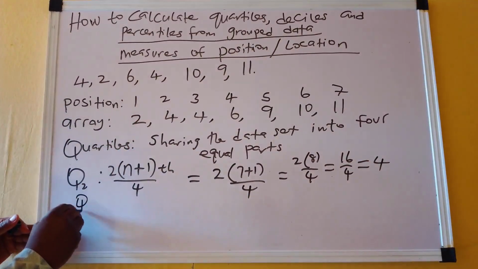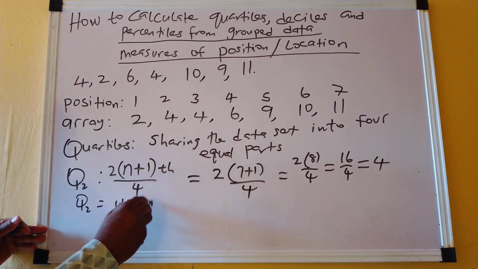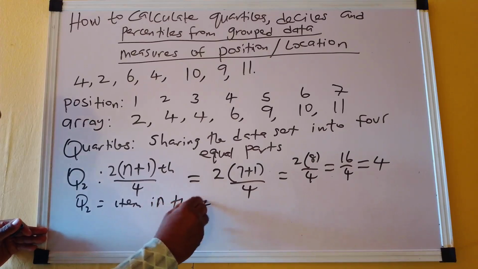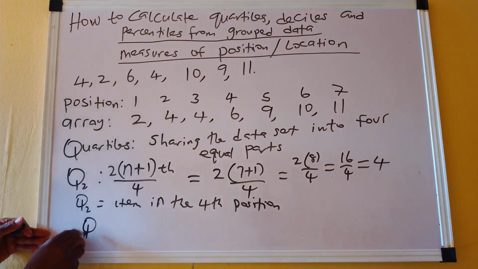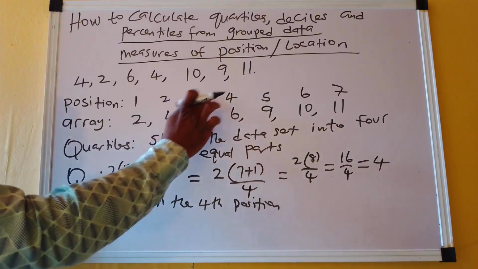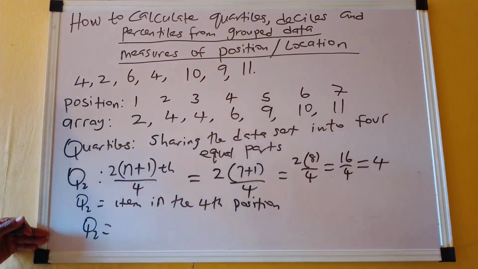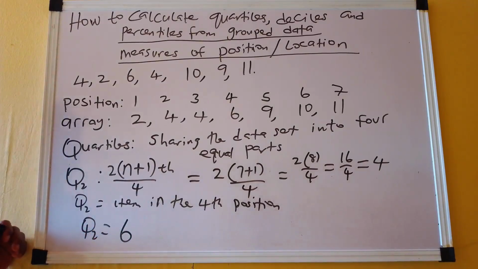So our Q2 will be the item in the fourth position. This is the first position, the second, the third, the fourth position. The item here is 6. So our Q2, the second quartile, is equal to 6.